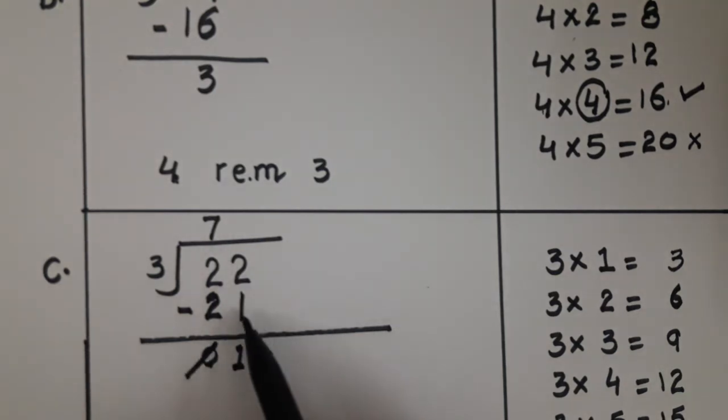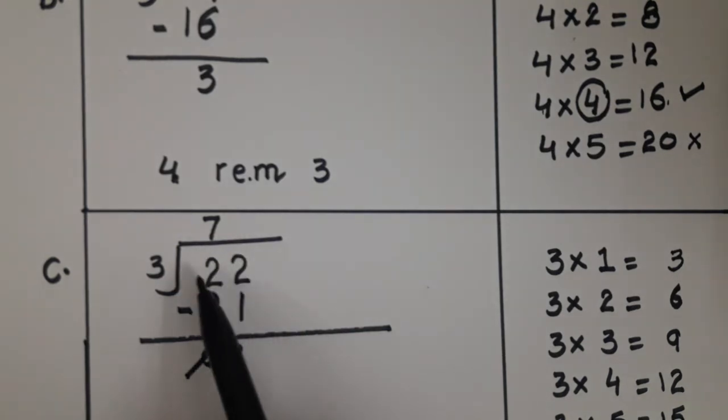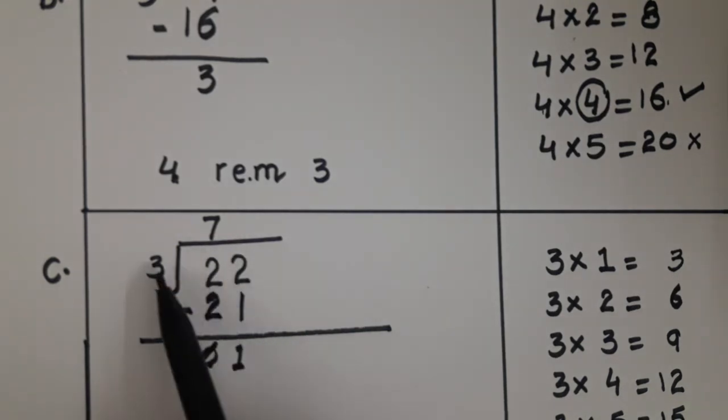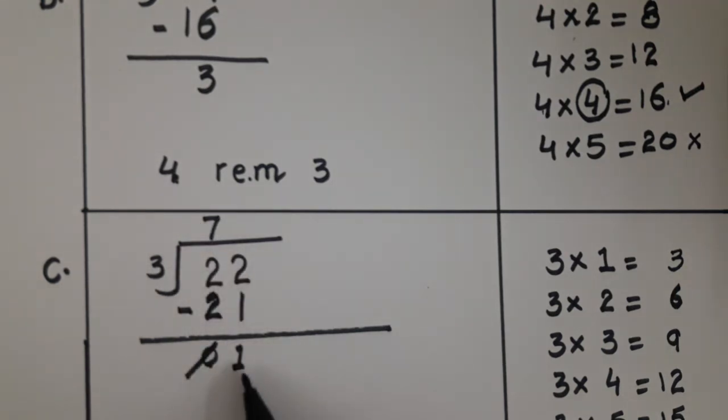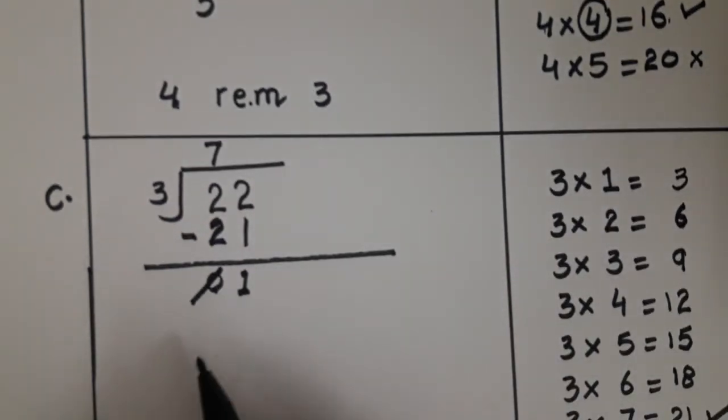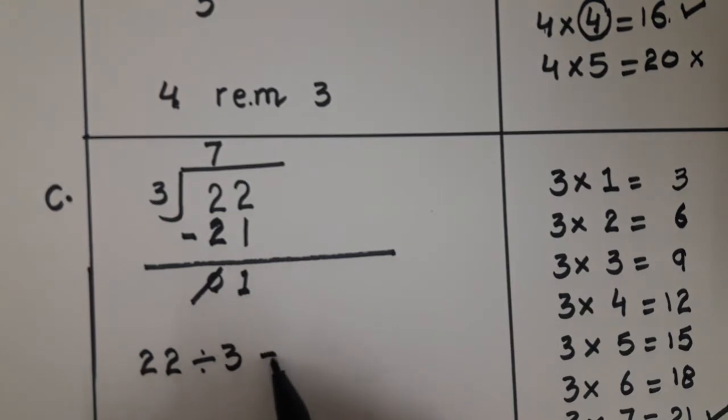So 1 is the remainder and this is the quotient. As you know, 22 is the dividend, 3 is the divisor, and this number is the quotient, and the last number is the remainder. So our answer is 7. We will write like this: 22 divided by 3 is equal to 7, remainder 1.